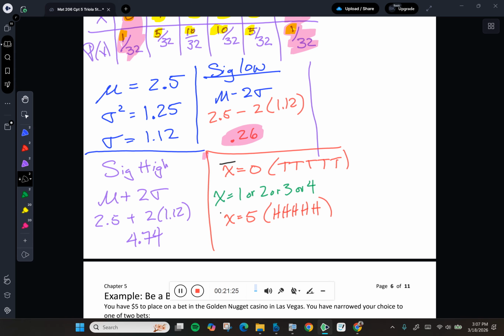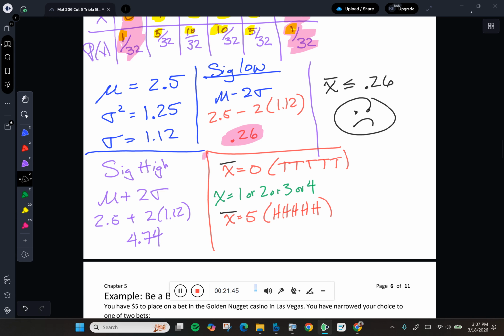Or if I got an average of 5. In fact, if I got an average of anything 0.26 or lower, I would say there's something going on with these coins. Or maybe there's something wrong with how I'm flipping them.